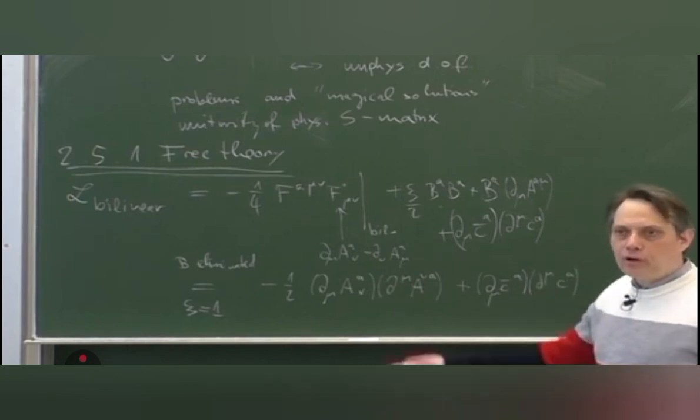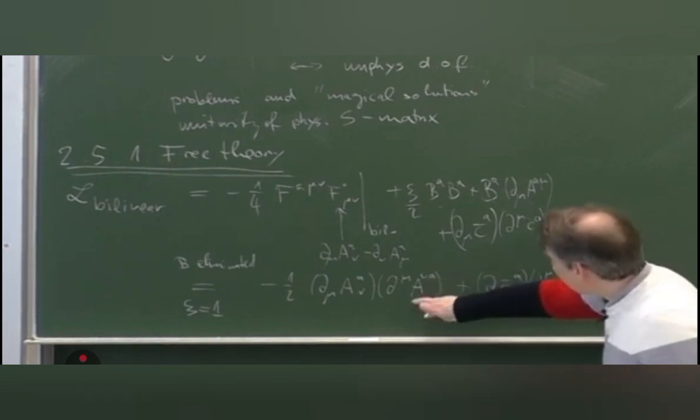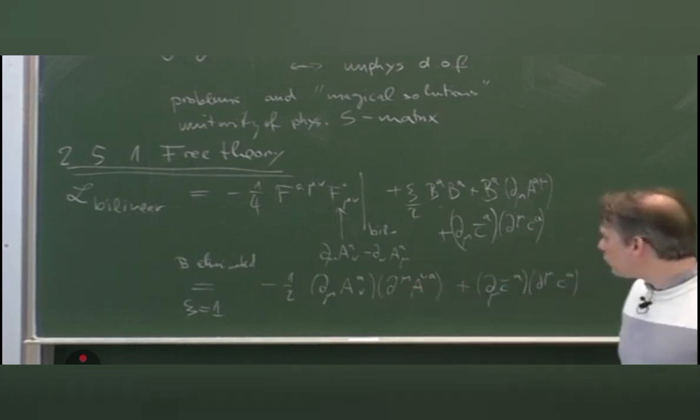So you have just a copy of so many QED free Lagrangians. Therefore, for each a, the gauge field behaves in the free theory exactly identically to the free theory of the photon. And therefore, there is nothing new compared to the last semester in the quantization of this Lagrangian. It is identical to what we discussed for the free massless vector field.